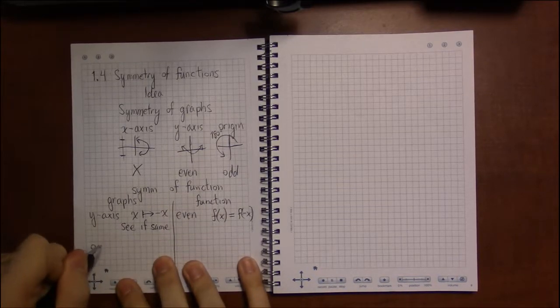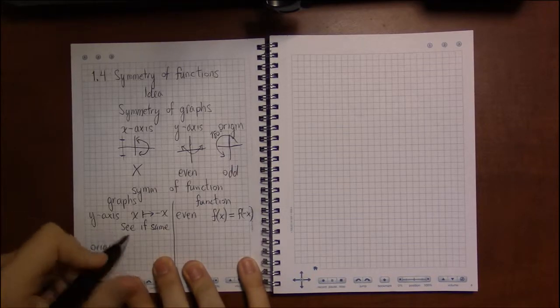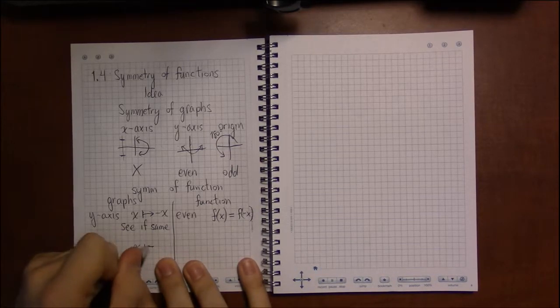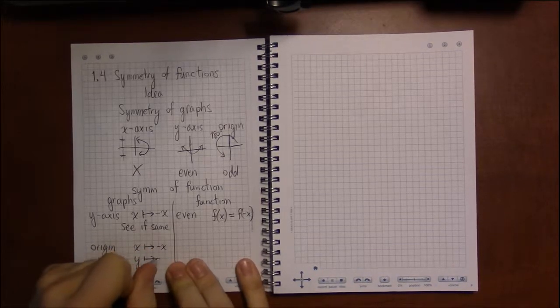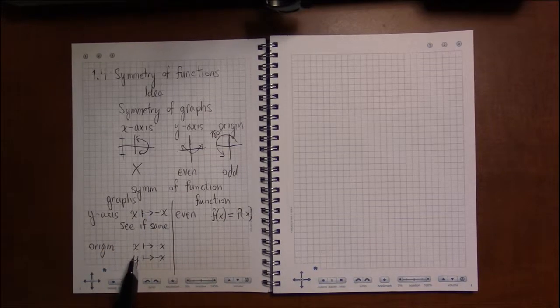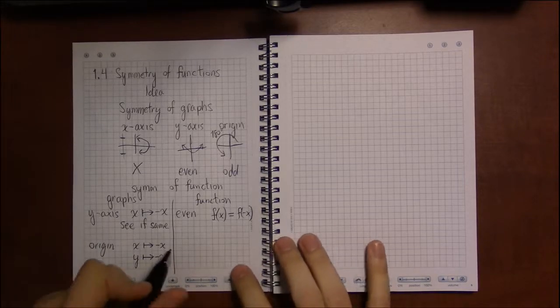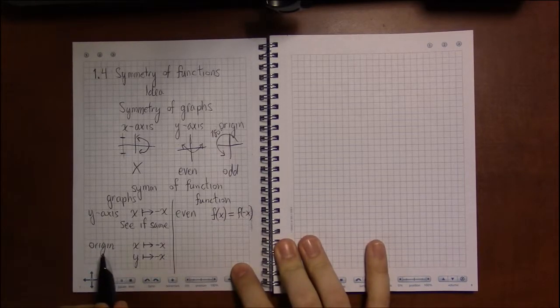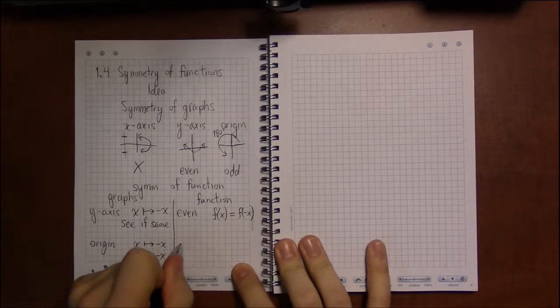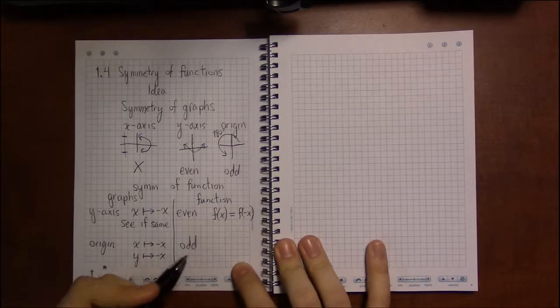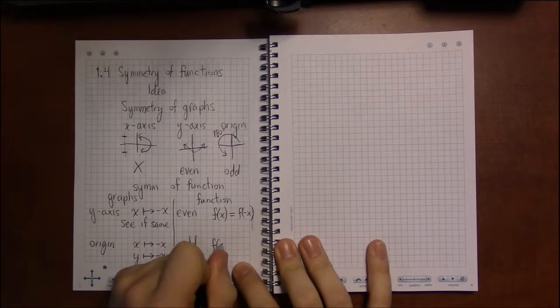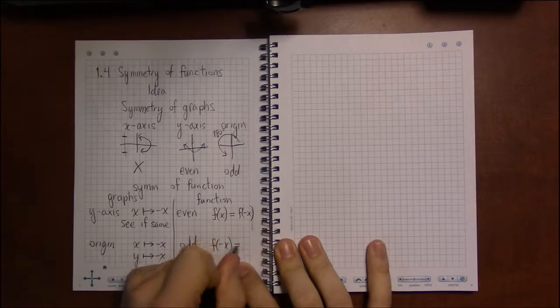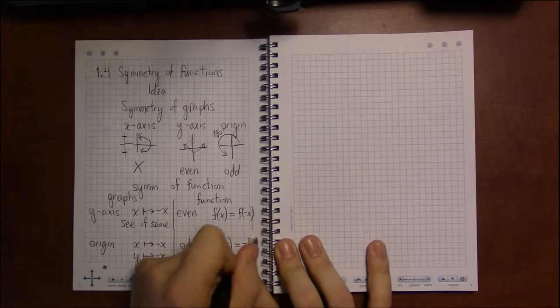Now, for origin symmetry, we replaced x with minus x and y with minus y, and checked to see if, after simplifying, we got the same equation as the original. For functions, origin symmetry is just called odd symmetry. And this is testing whether f of minus x is equal to minus f of x.